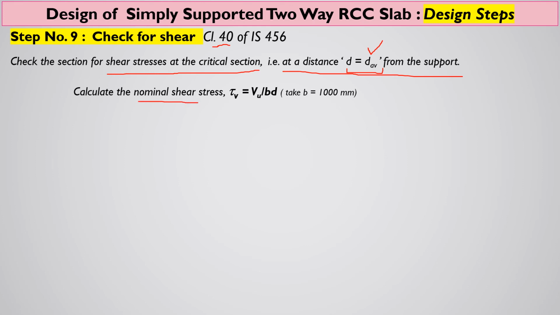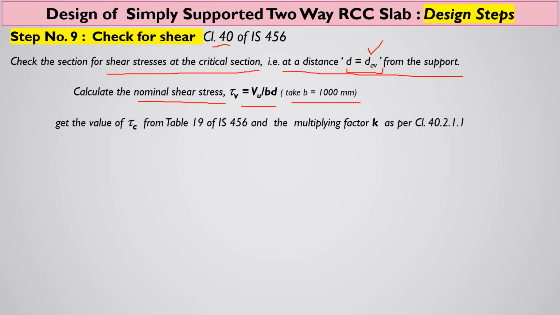Here we have to calculate the nominal shear stress first of all, that will be given by this formula available in IS 456, and here the width of the slab we have to take into consideration, that is 1000 millimeter, and we have to obtain the value of tau c from table number 19, which is the design shear strength of the section based on the concrete as well as steel, and then we have to multiply it with k, and for the evaluation of this value of k you can refer clause 40.2.1.1.